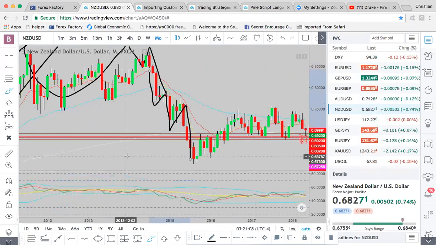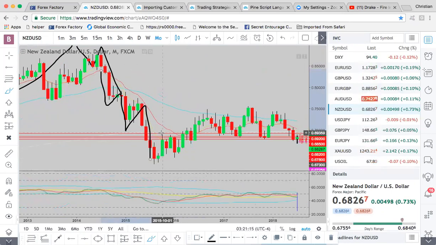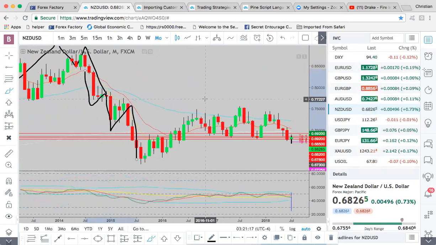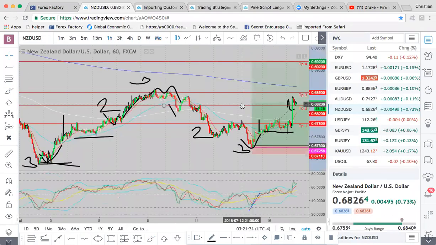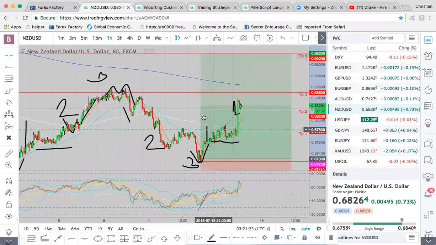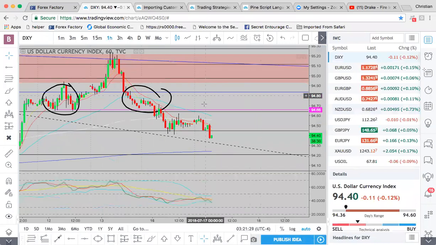Retrace. Is it clicking, guys? Same thing. So now let's just see if they hold the high. That's the move.